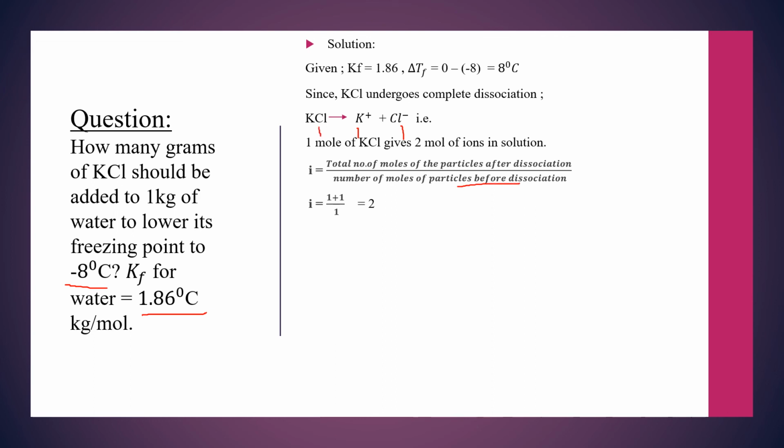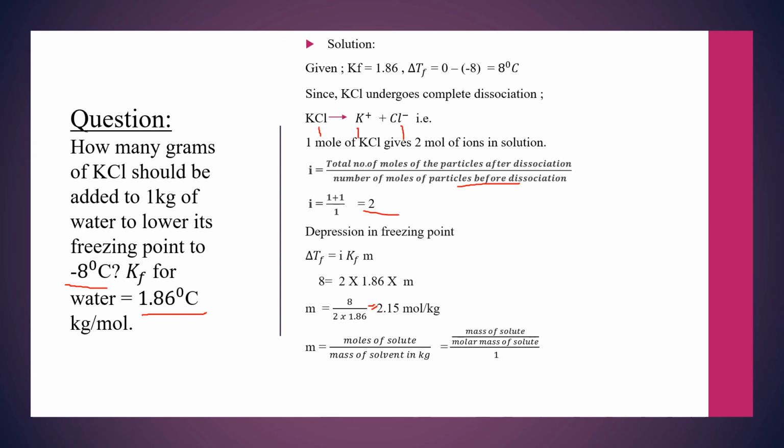The value of i will be 2 from this equation. So the depression in freezing point, delta Tf, will be equal to i Kf into molality. On putting all these values, we will get the value of molality, that is 2.15 mole per kg.